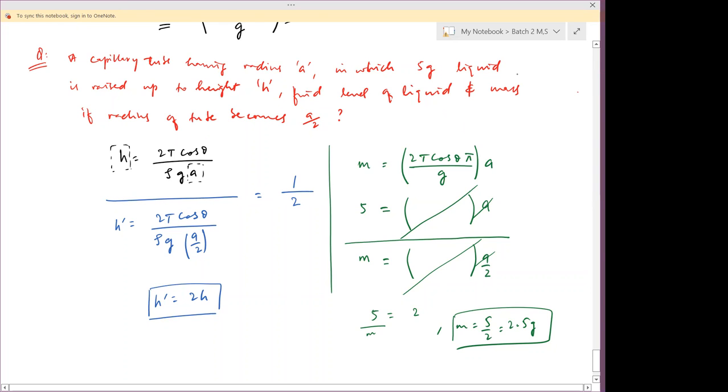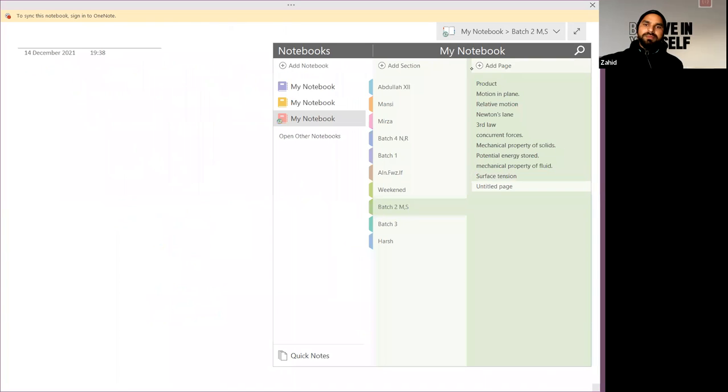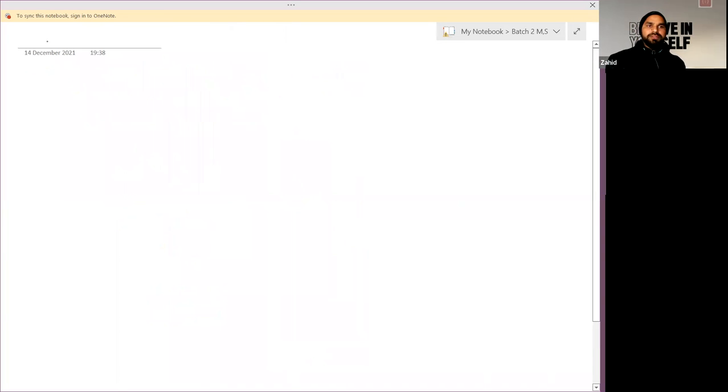So this is all about hydrostatic part or liquid at rest. Now move on to hydrodynamics or liquid in motion.